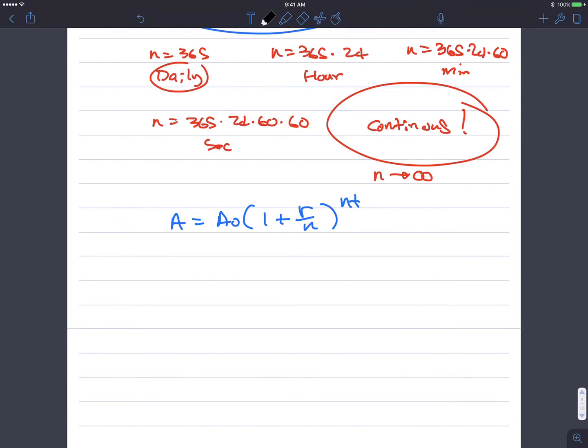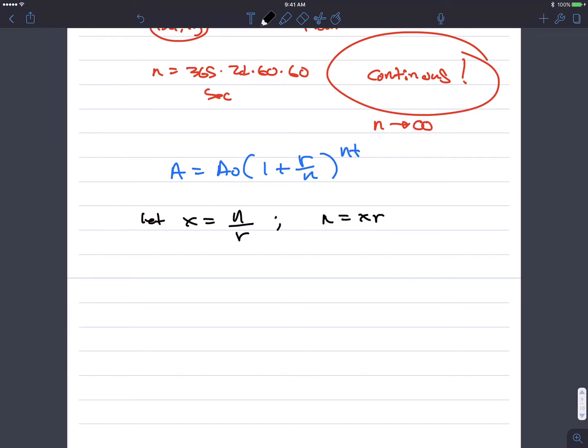I'm going to let X be N over R. Remember I said I'm going to show you where this exponential number comes from, and that it shows up in science, business, math, and nature? The value of the exponential number is about 2.718. If X is N over R, I'm going to do some algebra. This means that N is actually X times R. If I multiply both sides by R, I can solve for N.